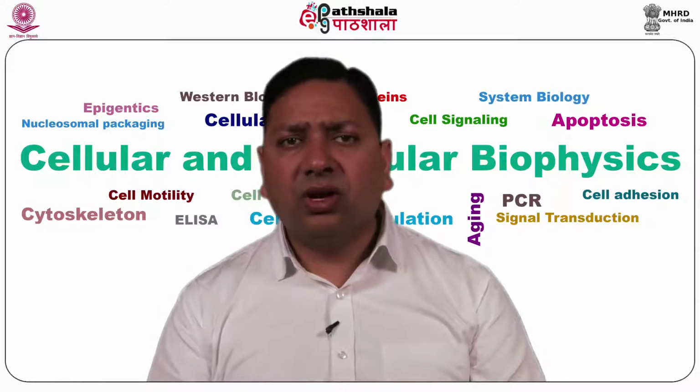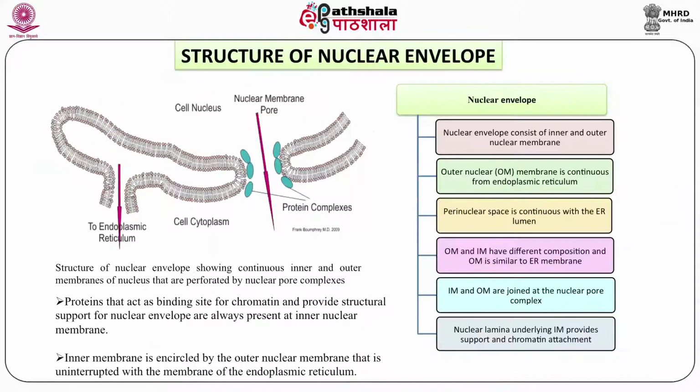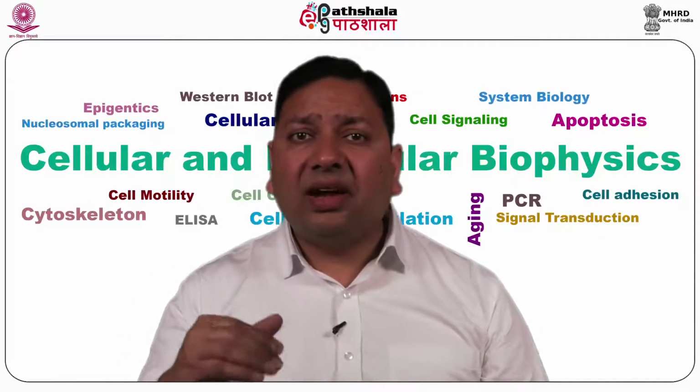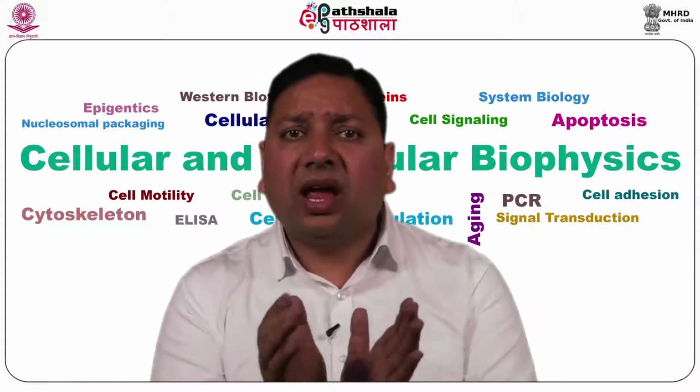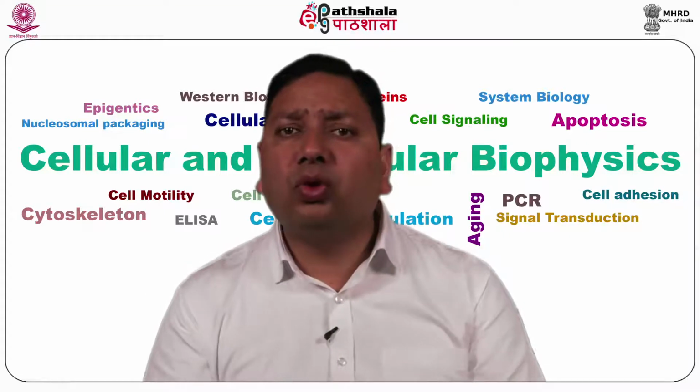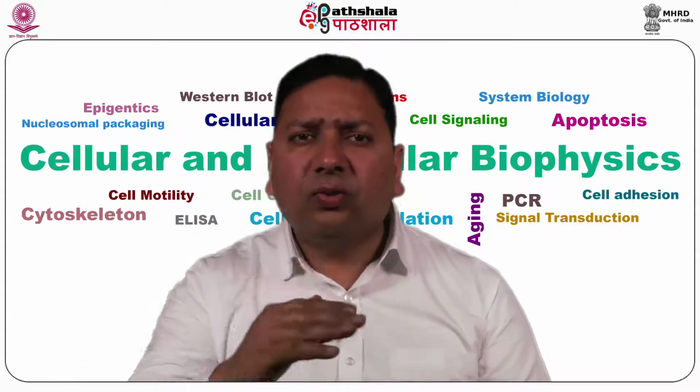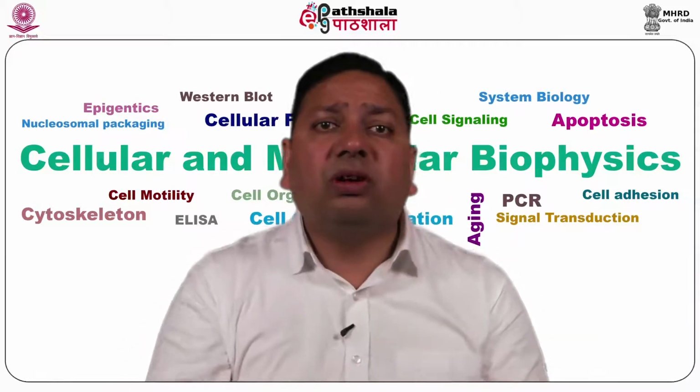If you see in the figure, you will find that the two membranes are separated. Even though the inner and outer membranes of the nucleus are continuous, they sustain discrete molecular components. For example, proteins that act as binding sites for chromatin and provide structural support for the nuclear envelope are always present at the inner nuclear membrane.